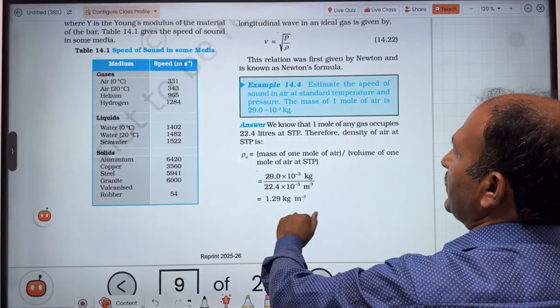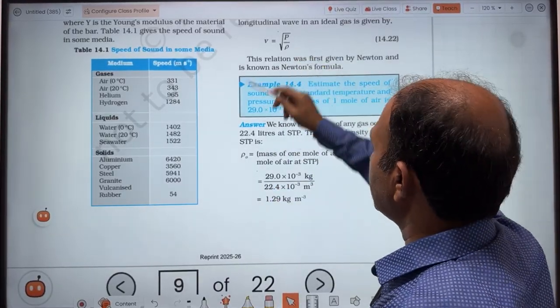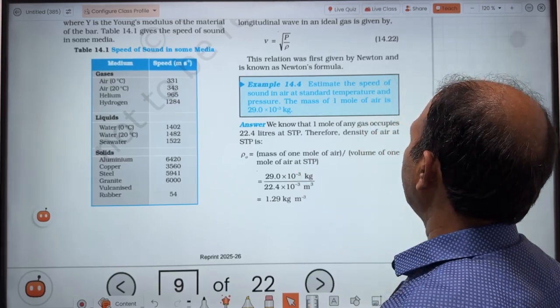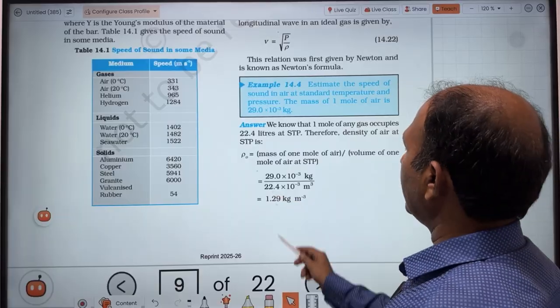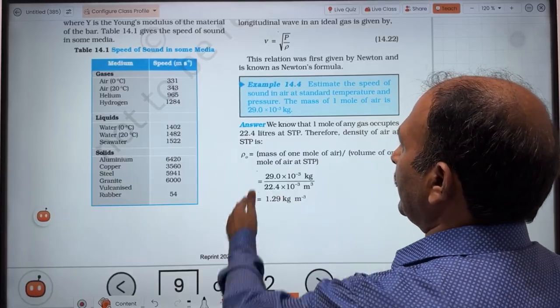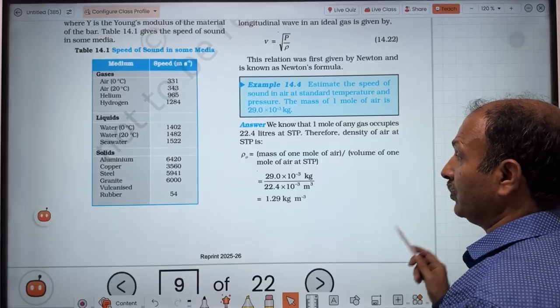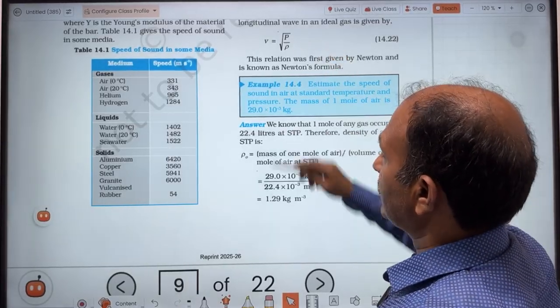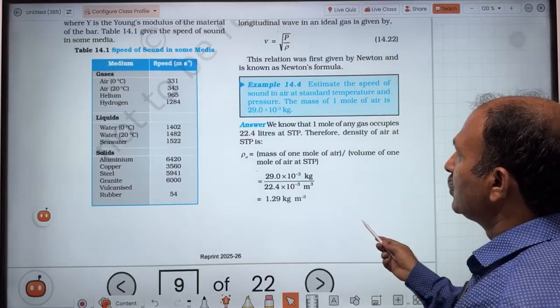Therefore, the density of air at STP we have to find out, because in this formula we need pressure and density. So mass of 1 mole of air divided by volume of 1 mole of air at STP. Mass is given, volume is given. So density we get 1.29 kg per meter cube, and you know that atmospheric pressure is equal to 1.013 into 10 power 5.